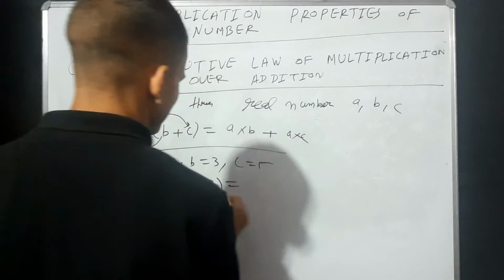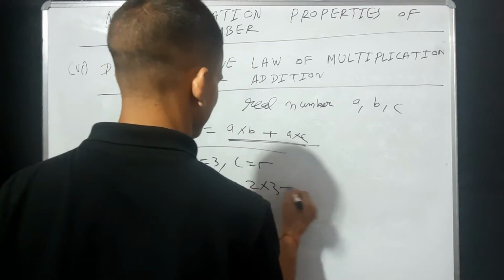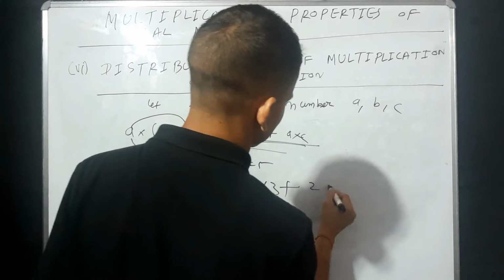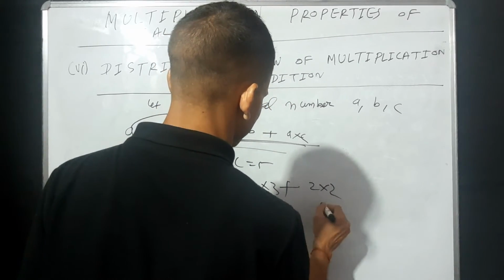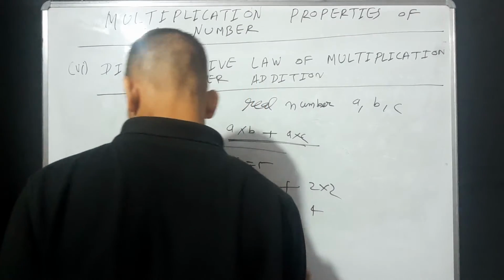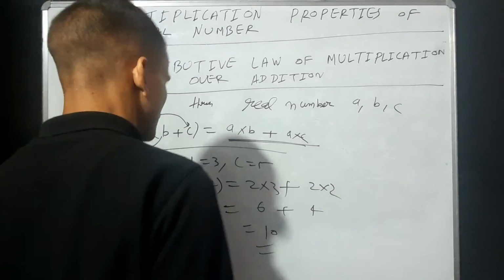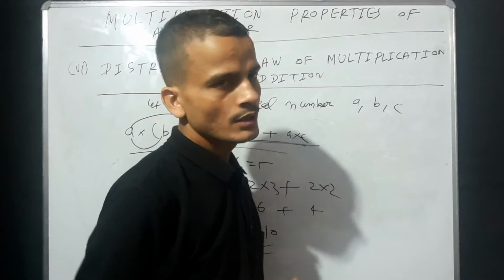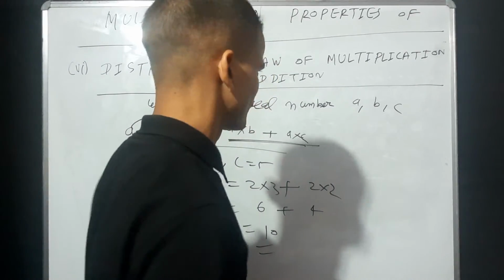So when we multiply 2 times 3, with the help of this property, plus 2 times 2: 2 times 3 is 6, and 2 times 2 is 4, and 6 plus 4 is equal to 10. So this is known as the distributive law of multiplication over addition.